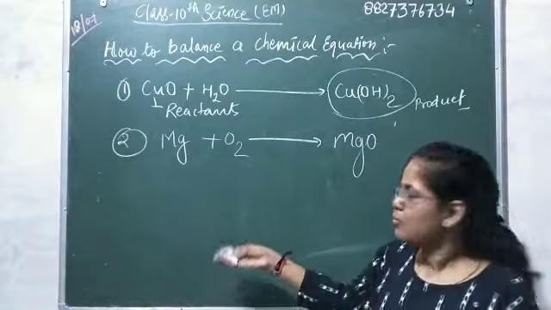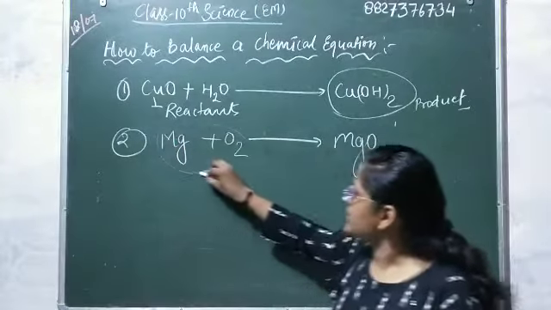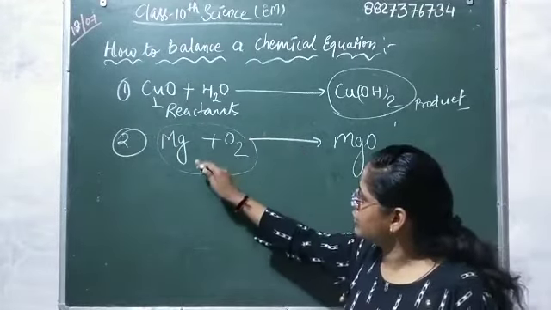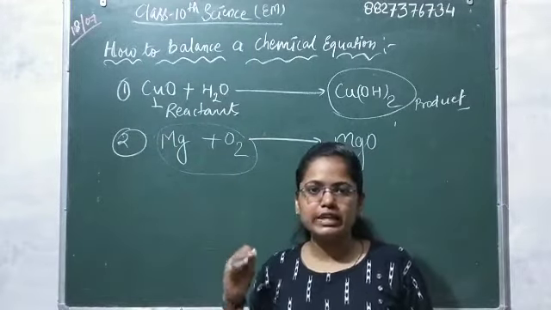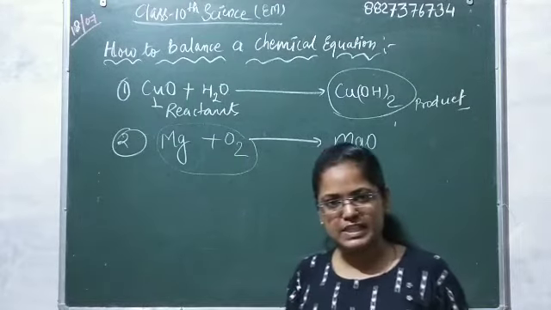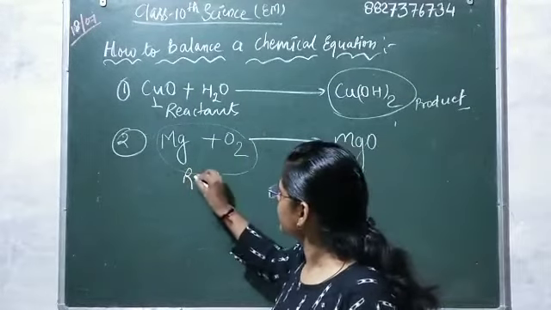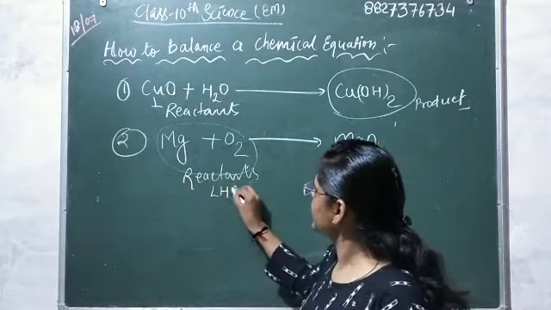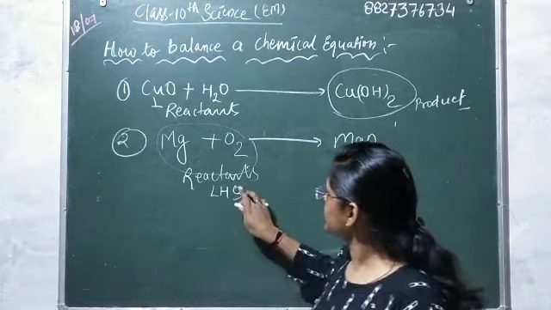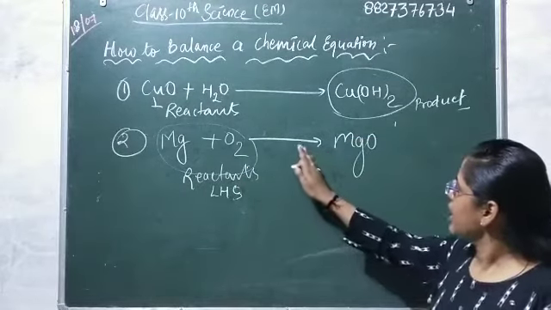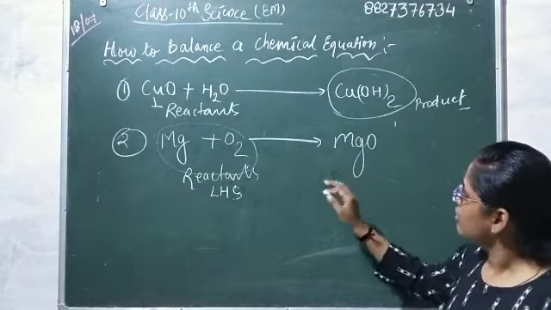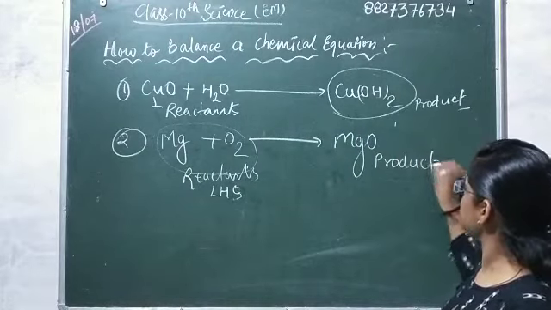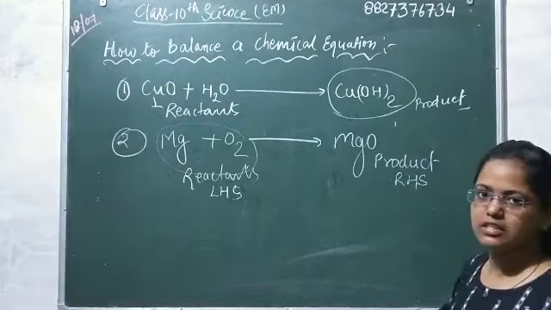So now we have to balance this equation. The molecules and atoms before the arrow are called reactants, right? On the left hand side the reactants are present, and after the arrow, on the right hand side, the products are present, right?